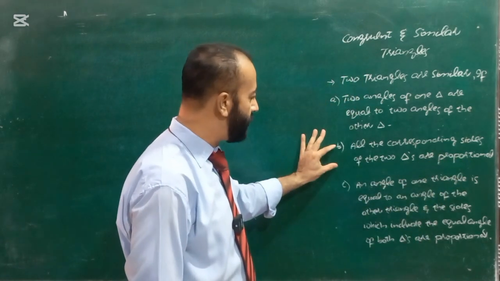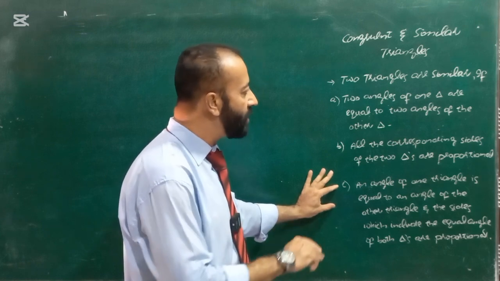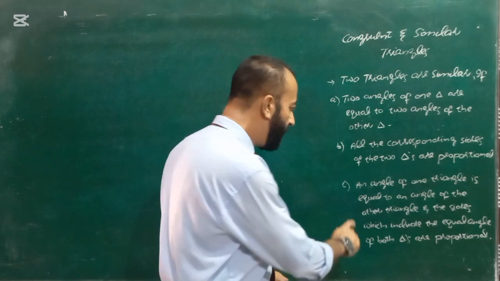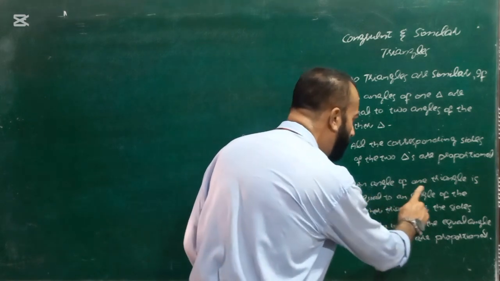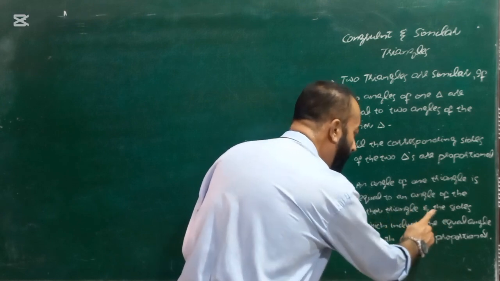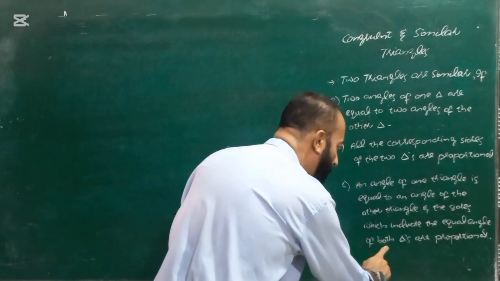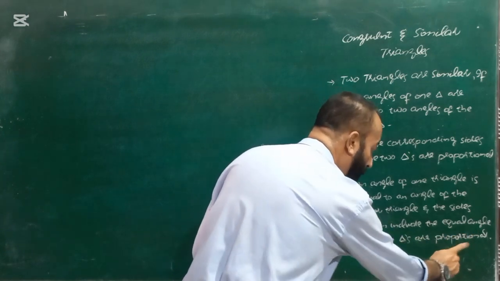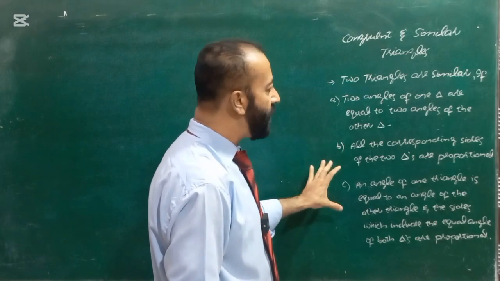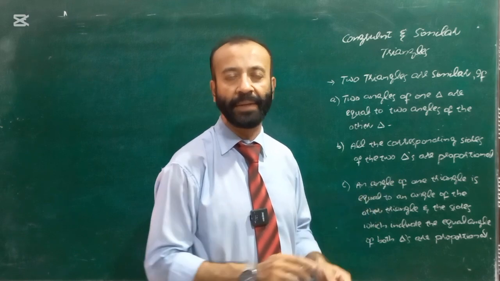So this is the second property. The third property is an angle of one triangle is equal to an angle of the other triangle, and the sides which include the equal angle of both triangles are proportional. So these are three properties. If any one of these three properties applies to two triangles, then the two triangles will be similar.